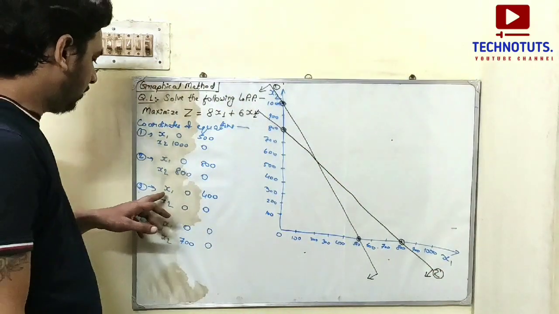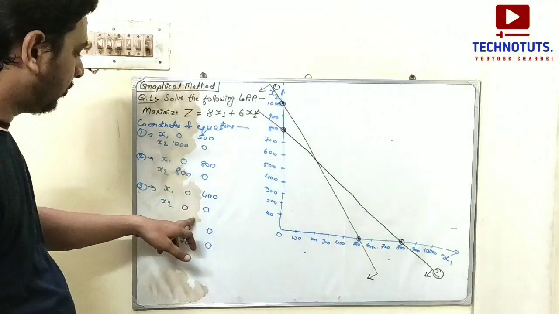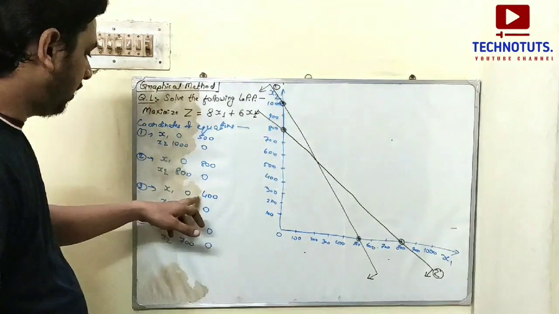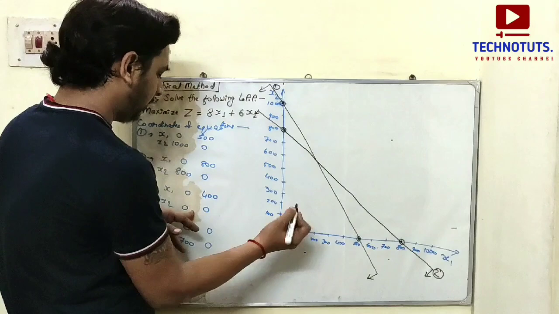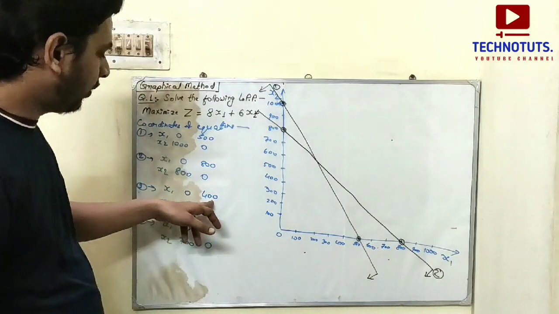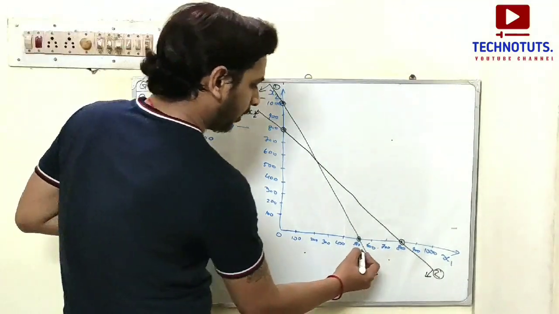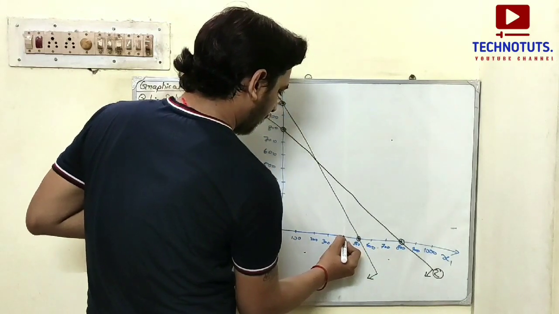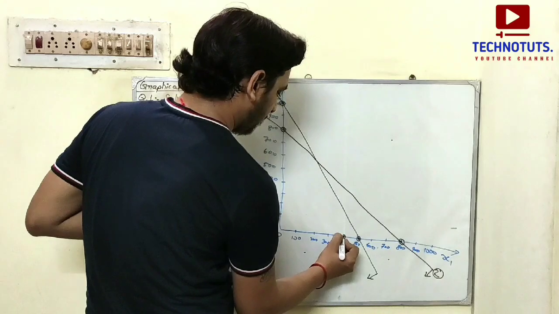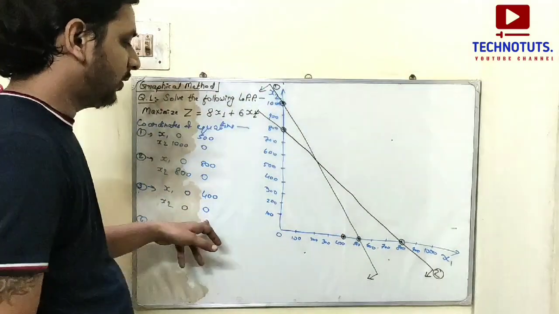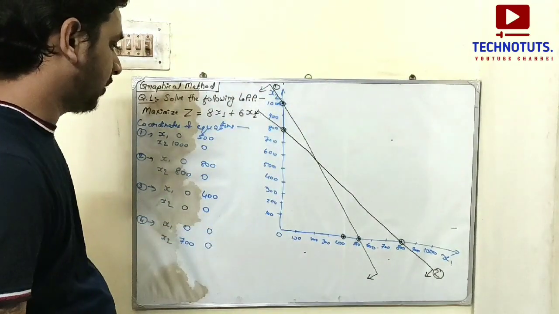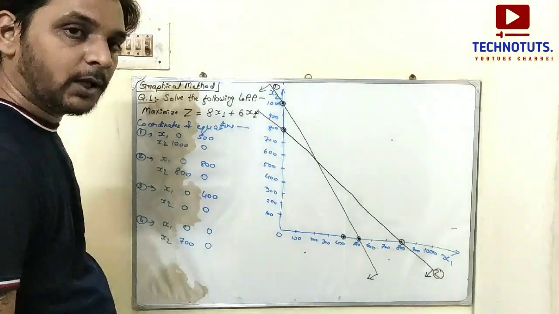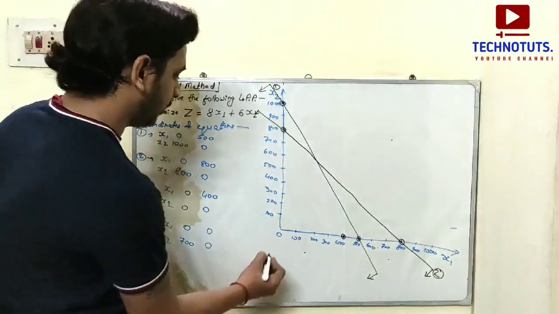Okay, now let us plot the graph for equation number 3. x1 is 0, x2 is 0, that means this point. And when x1 is 400, x2 is 0. The first point is this one, 0, 0.